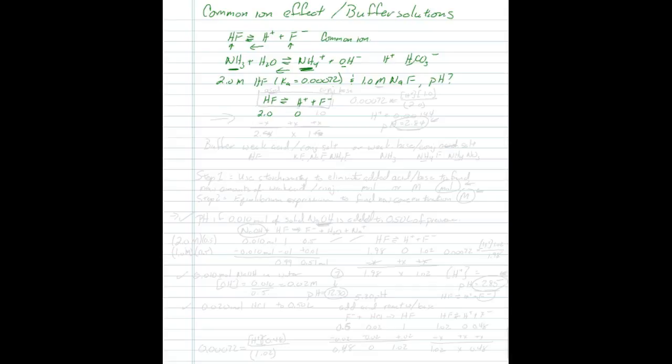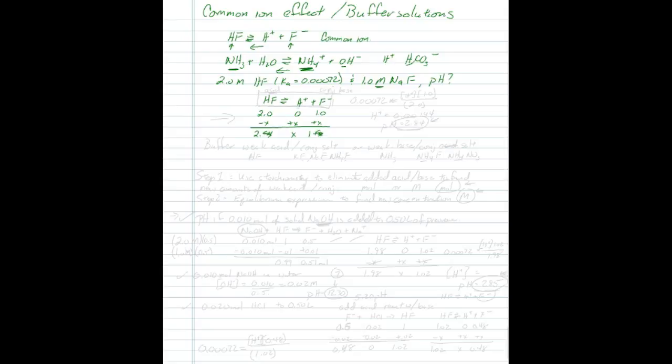But now, this is 1.0, because you have 2 different sources of it. So they're not 0 and 0 anymore, it's 0 and 1.0. You still do the ICE table the same way. You subtract X here, add X here, because you got to get it bigger than 0, and add X there. 2 minus X, X, 1 plus X.